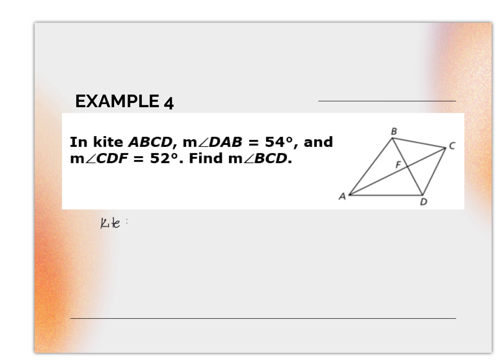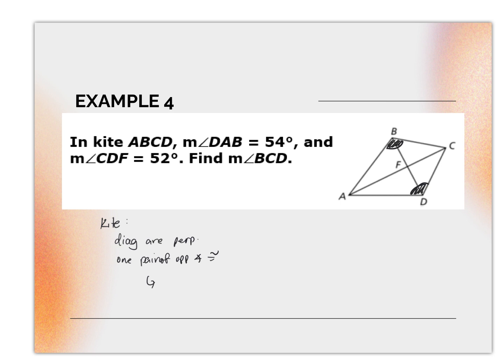And we know that our diagonals are perpendicular. And we know that one pair of opposite angles are congruent. The pair in this problem that are congruent is the big angle right here and this large angle there. Those are the ones that we know are congruent.